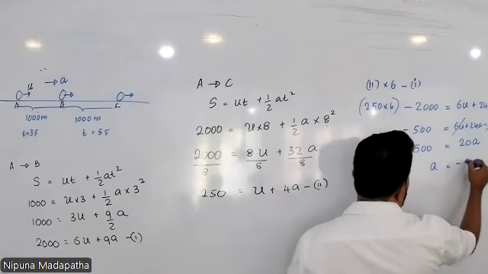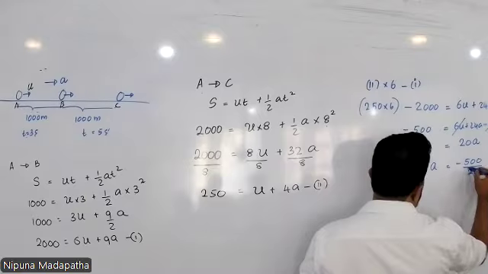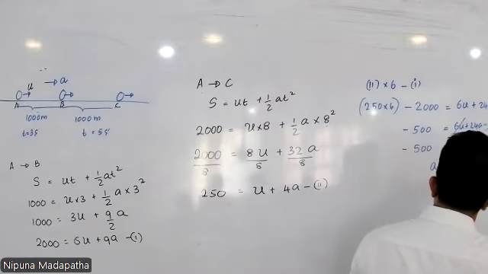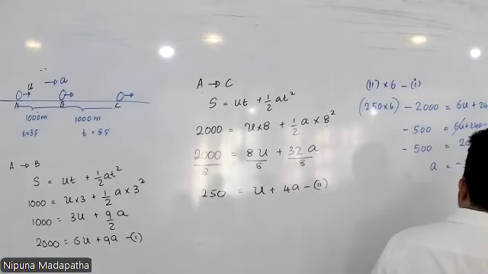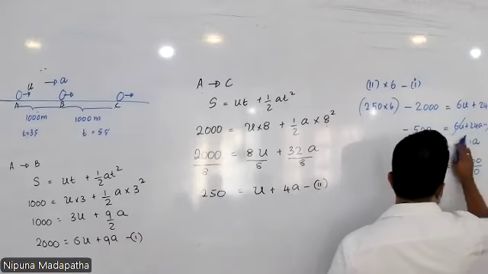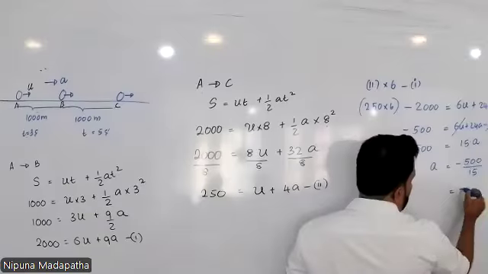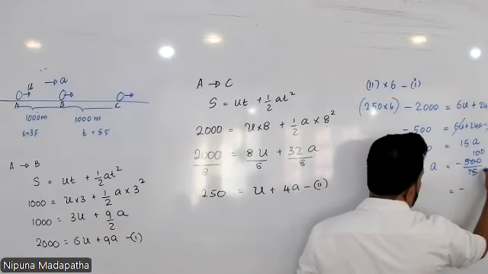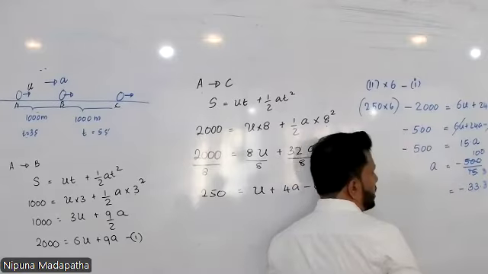So a is minus 500 over 20a, here it is 20a. The common factor is 5. So minus 100 divided by 3, minus 33.33 meters per square second.